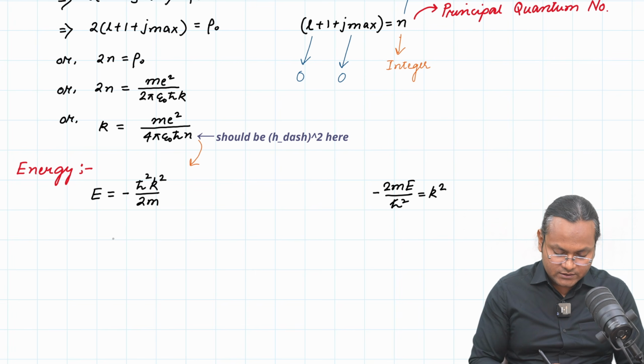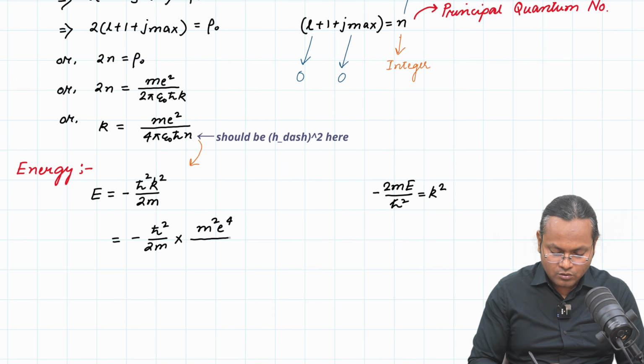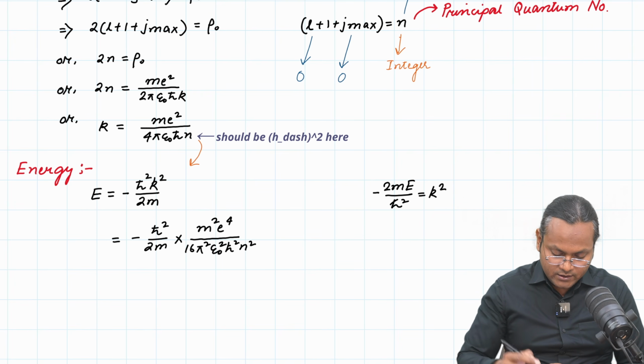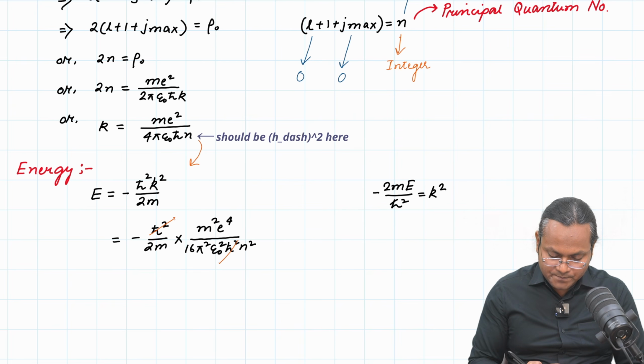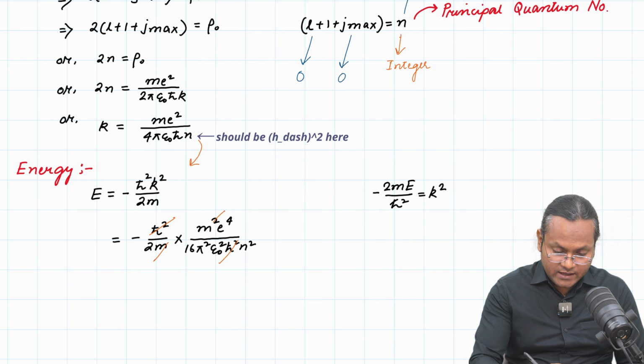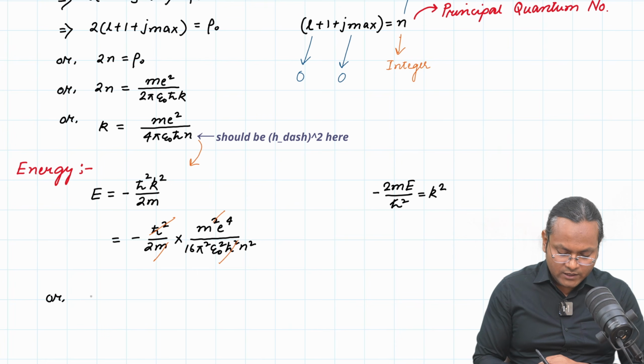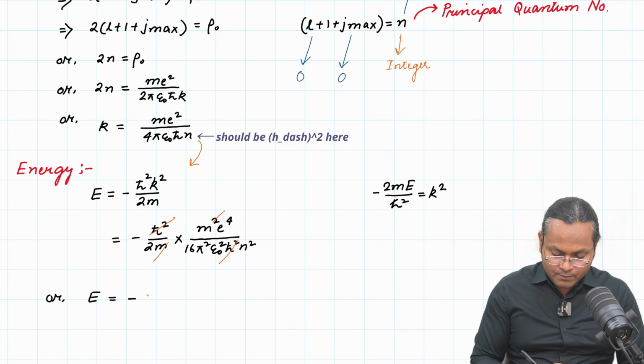If I use this here, this will give us minus h cross square upon 2m times m square e to the power 4 upon 16 pi square epsilon naught square h cross square n squared. Here h cross square gets cancelled, m gets cancelled, and we are left with an energy formula. E equals minus m e to the power 4 upon 32 pi square epsilon naught square n squared.